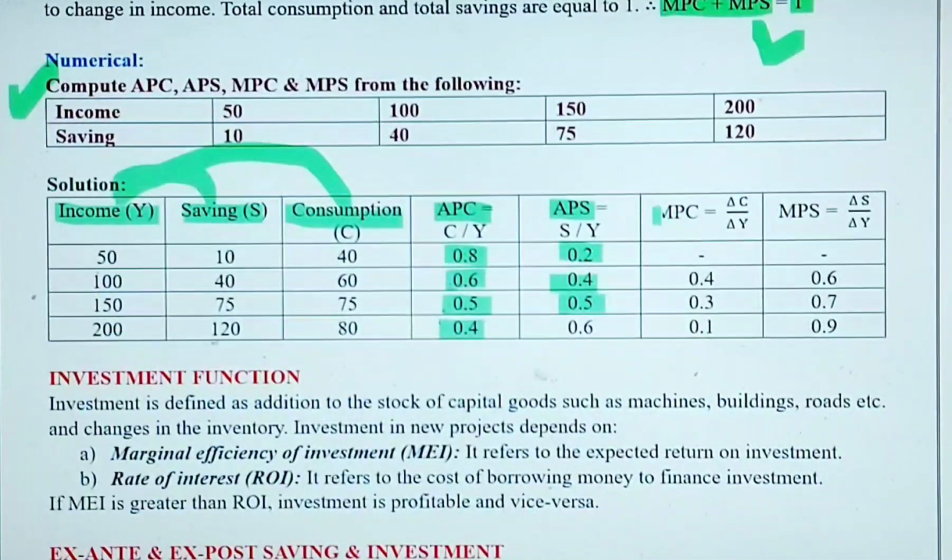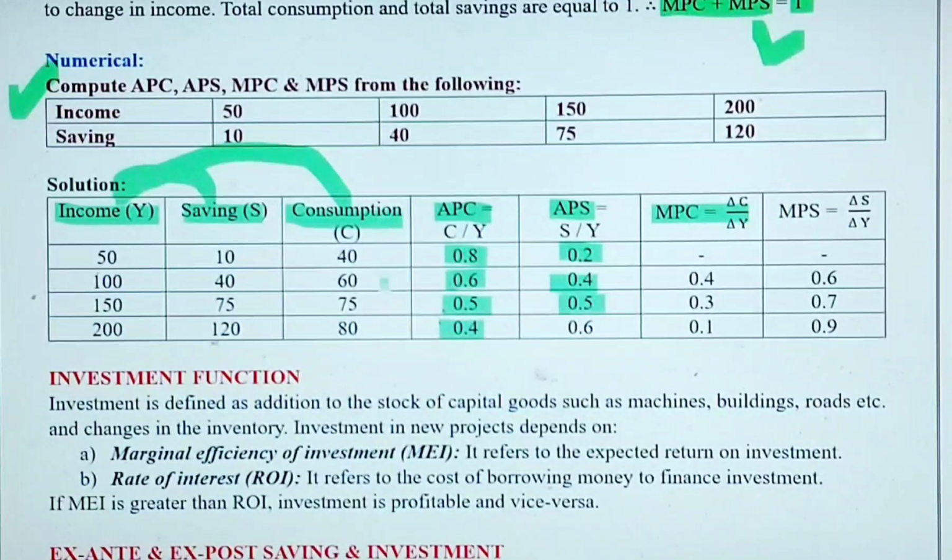Again, to calculate MPC, delta C by delta Y. We need to find delta C and delta Y from the table. To calculate delta C, again we subtract: 60 minus 40 you get 20, then 75 minus 60 you get 15, and 80 minus 75 you get 5.